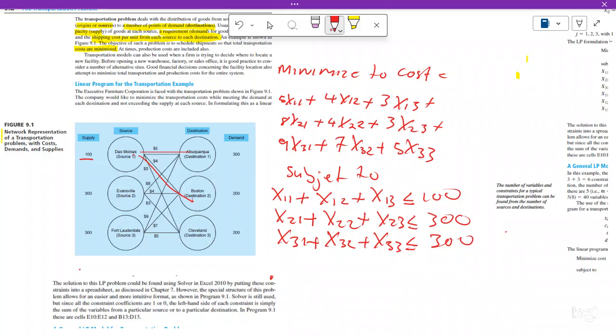Yeah? So they are equals to. Then things will slightly change now. Demand: where is demand receiving its products? It's receiving them from 1, 2, and 3. When you look at it, this is that, this is that, this is that. So you're looking at it from this point, right?